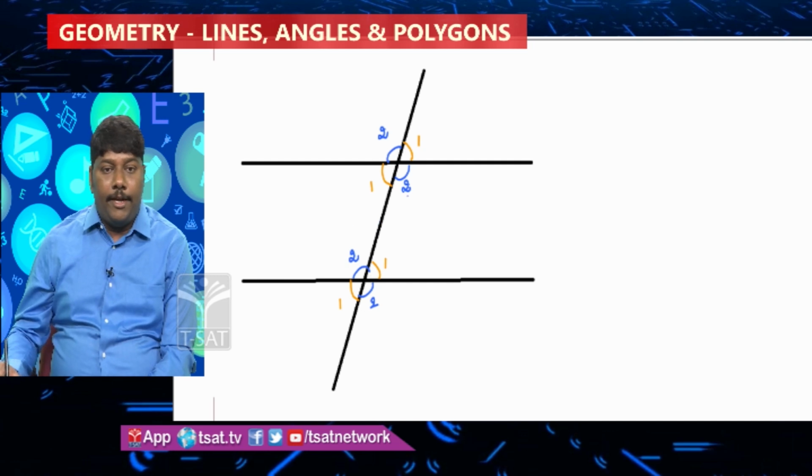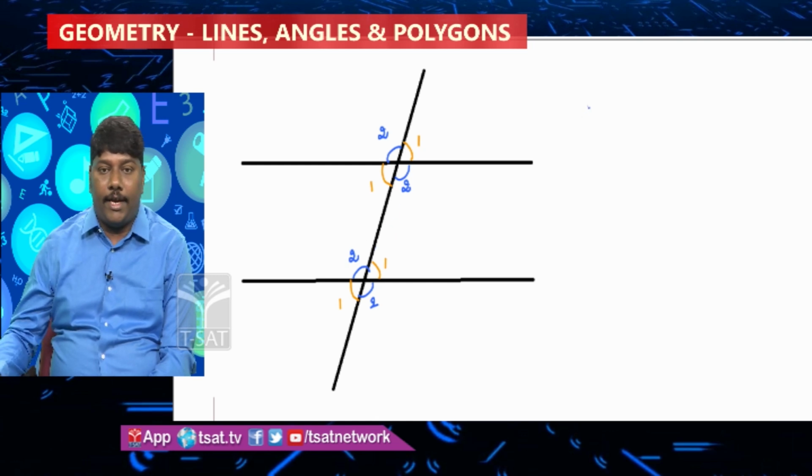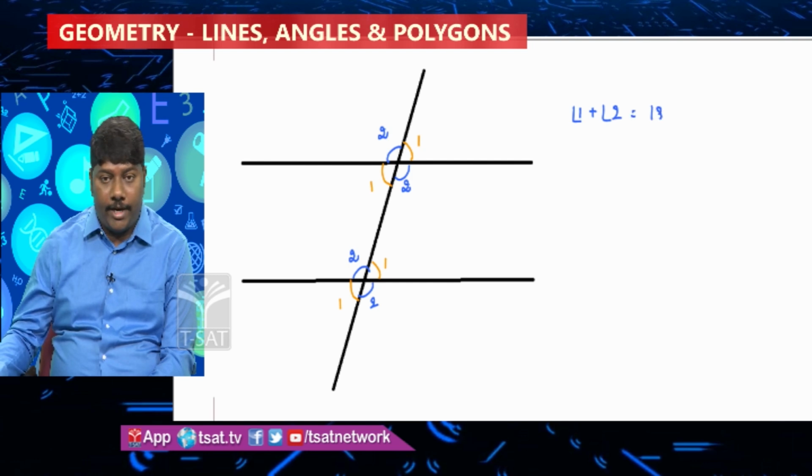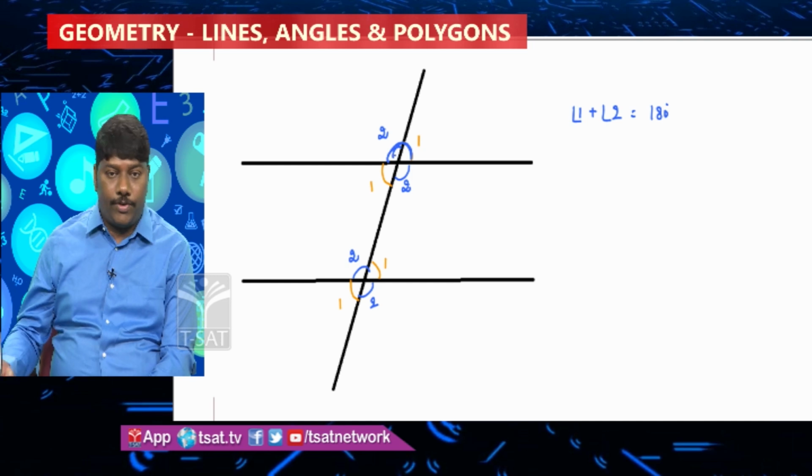So we are seeing 8 different angles, but there are only 2 different angles we found, and the sum of these angles, angle 1 plus angle 2, is equal to 180 because they form a linear pair. They form a straight line. Therefore, angle 1 plus angle 2 is equal to 180.